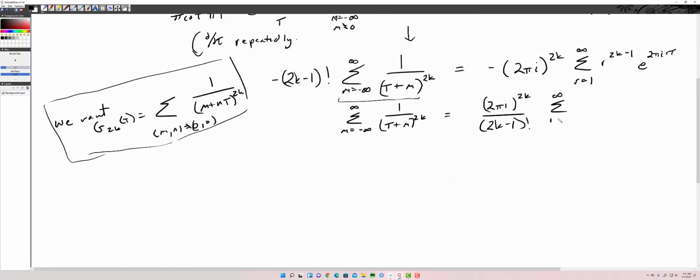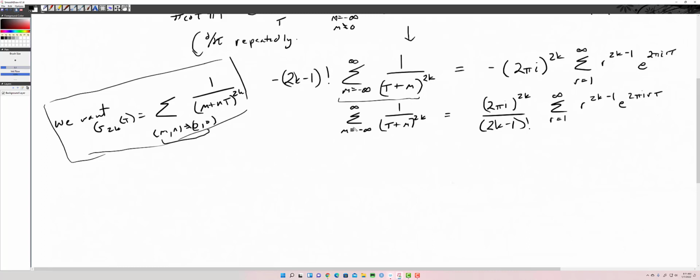Okay. You see how I'm doing this? I'm moving that 2k minus 1 quantity factorial to the other side. And now I have this. Now what I need to do is get everything where m and n are non-zero over here.